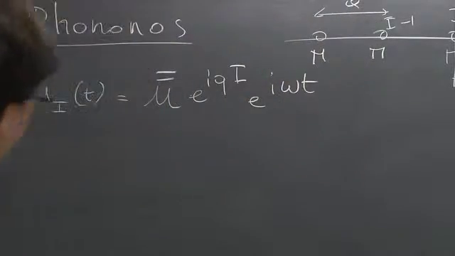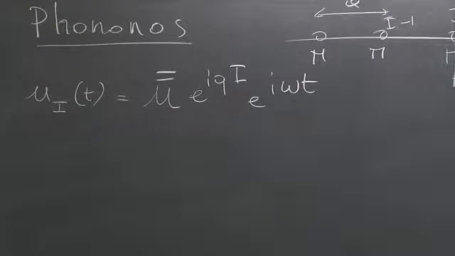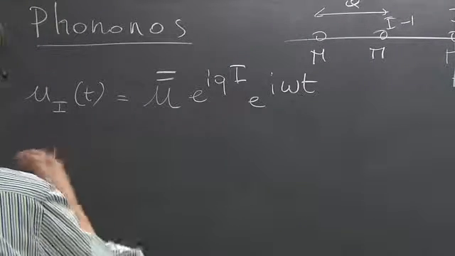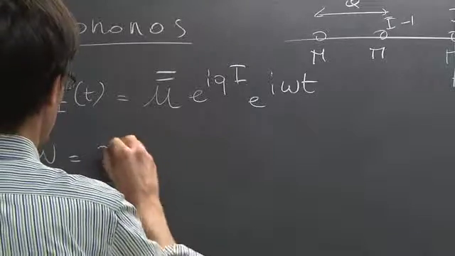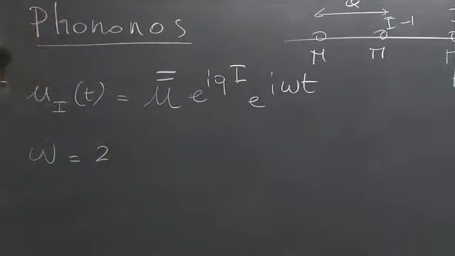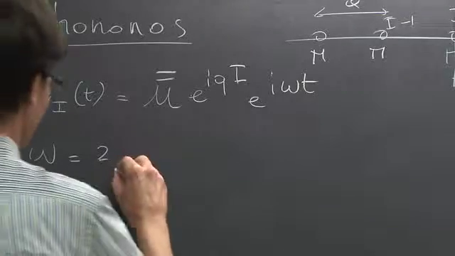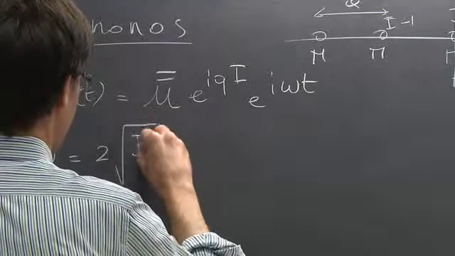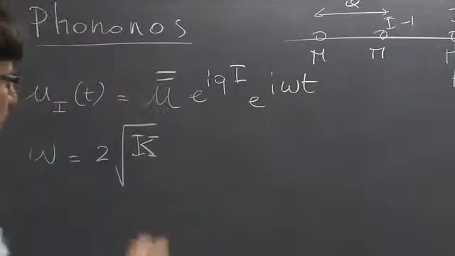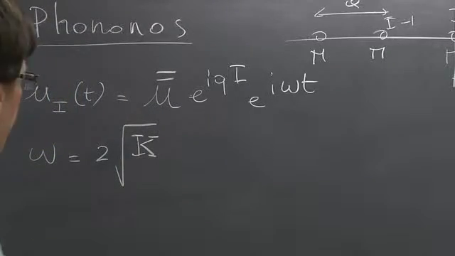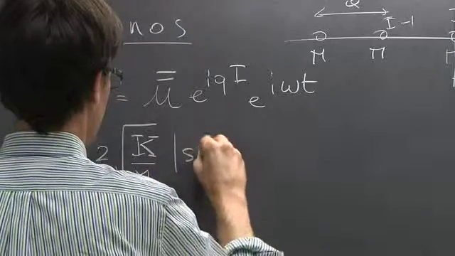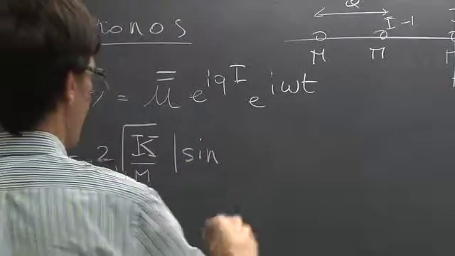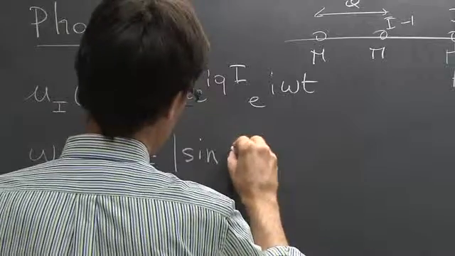And we verified that this is a solution to the problem as long as the frequency omega is equal to 2 times the square root of K over m, where capital K is not to be confused with the other k, times the absolute value of sine of q over 2.